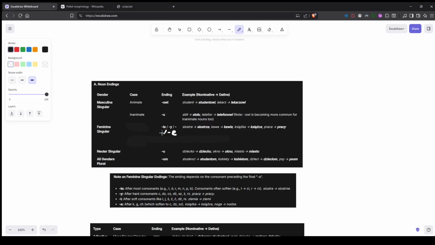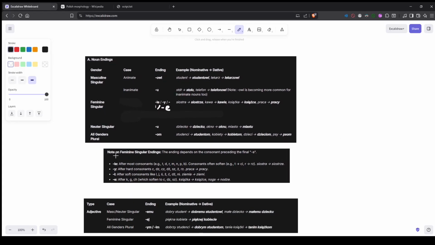Ye, i, e. So i-e is just pronounced as ye by me, okay? Because it just makes sense together. So there is the explanation below that note on the feminine singular. The ending depends on the consonant preceding the final a. Again, we're dealing with other groups, which is fantastic, I know.